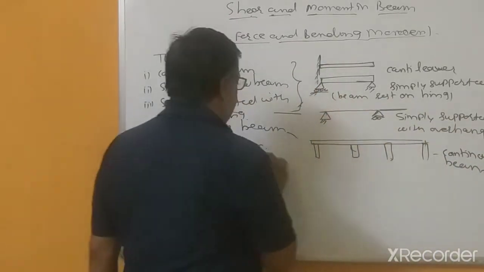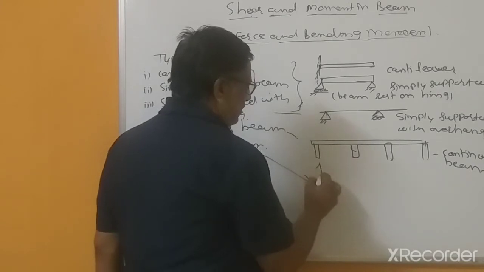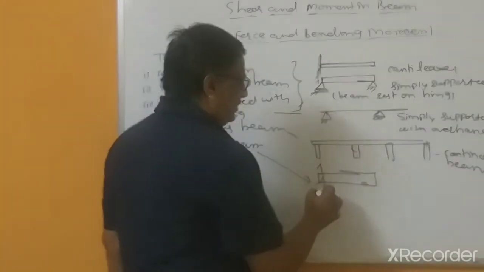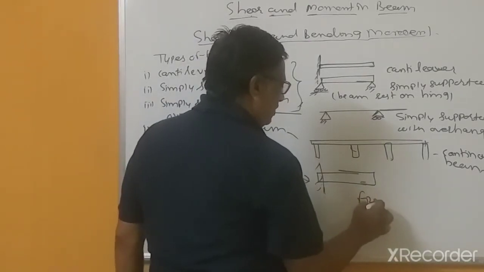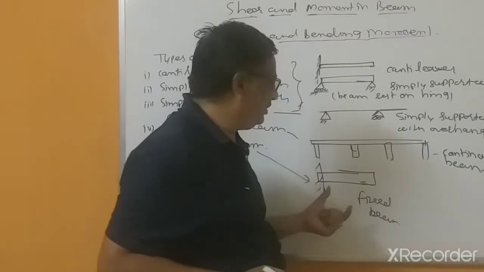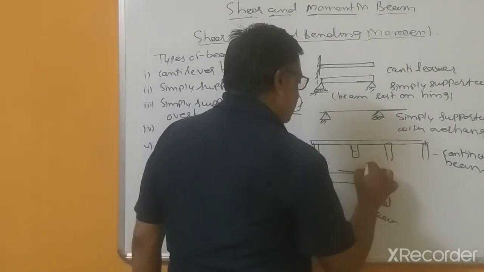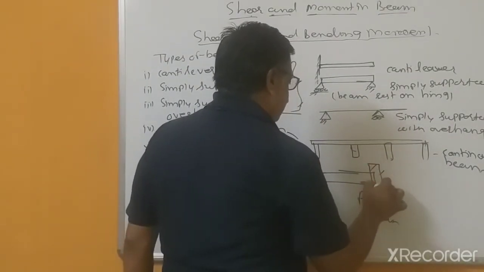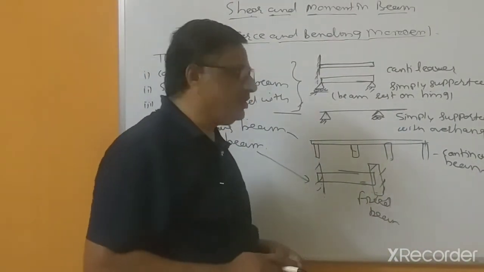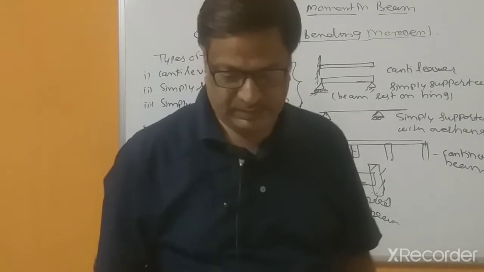And a fixed beam is one where the beam is fixed at the ends. Such types of beams are called fixed beams.